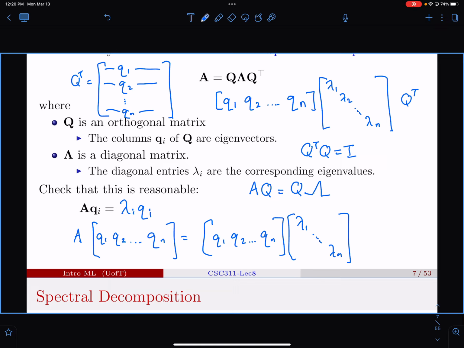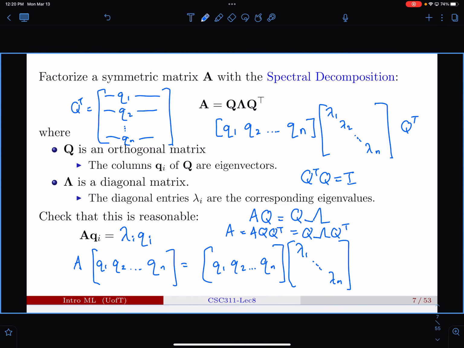It's a really convenient property where you can just transpose a matrix to invert it, which means if we want just A on one side, we can right multiply by Q transpose. So AQ Q transpose equals Q lambda Q transpose. So that's what we refer to as the eigen decomposition.